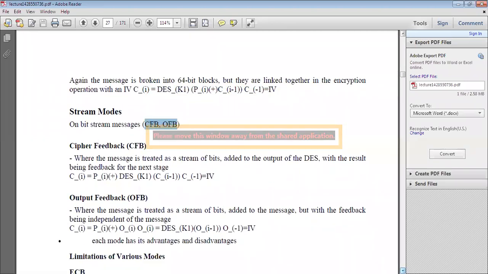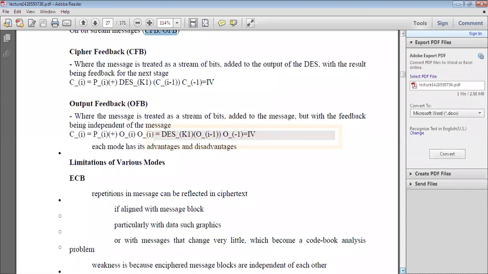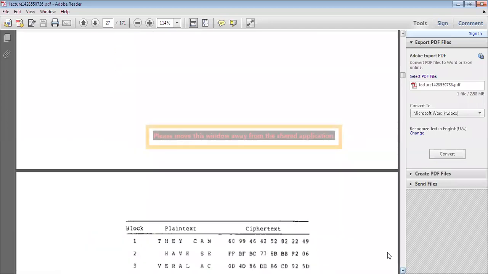In the next class we'll continue with how the algorithm is applied. Once converted into block mode, to those blocks we apply symmetric encryption, or you can use asymmetric encryption.